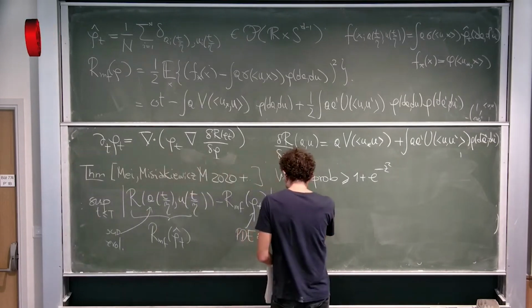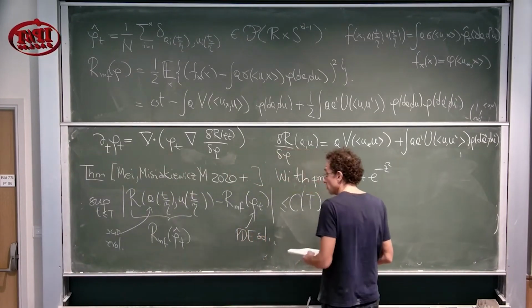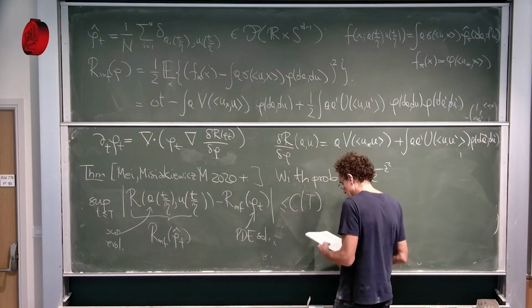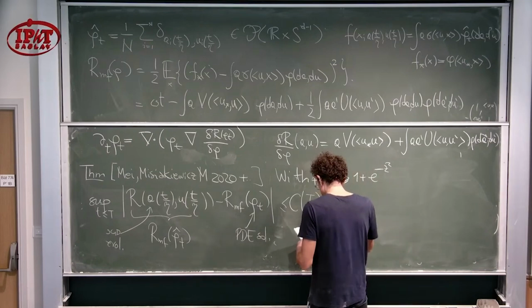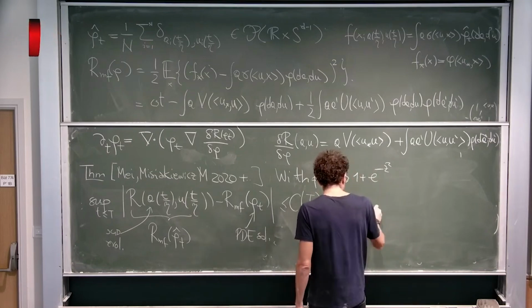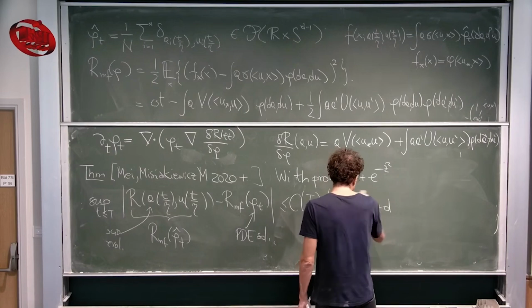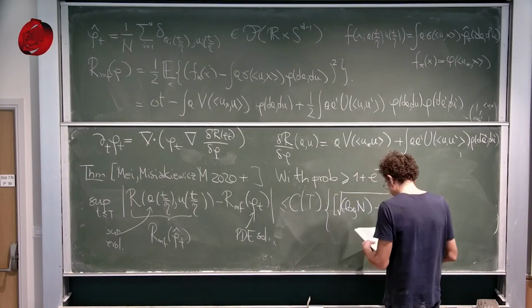And this is bounded by a constant that depends on time, so this works for any bounded time, times the sum of two errors, with log N and z.